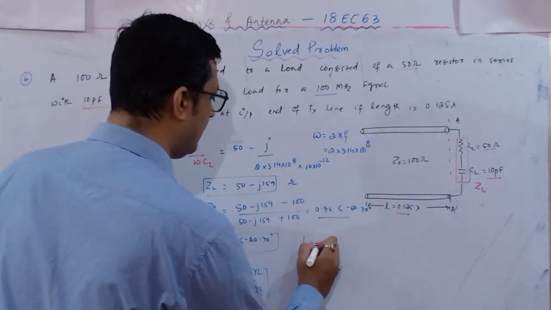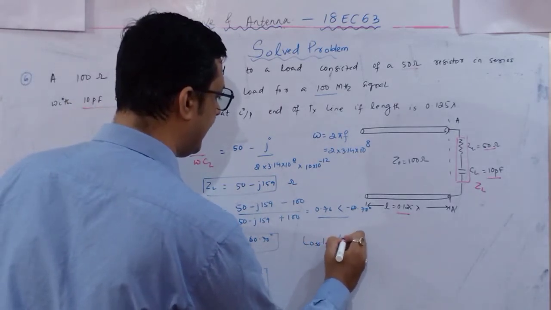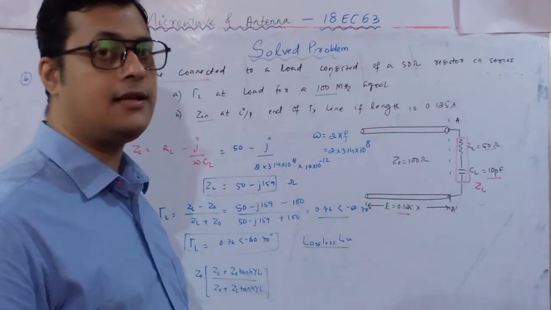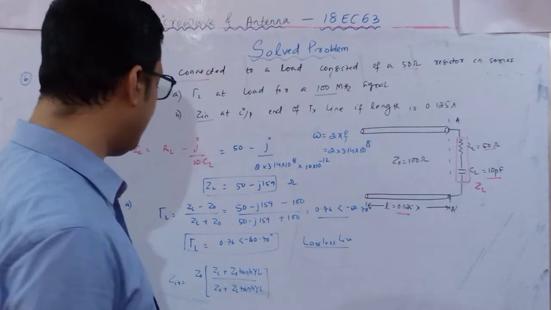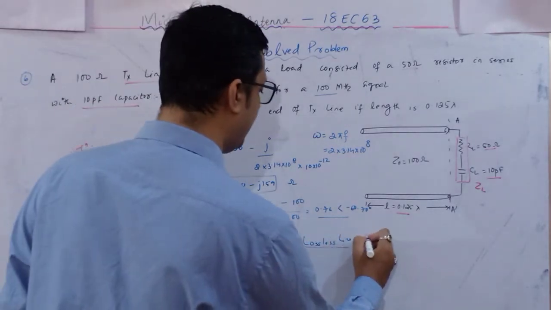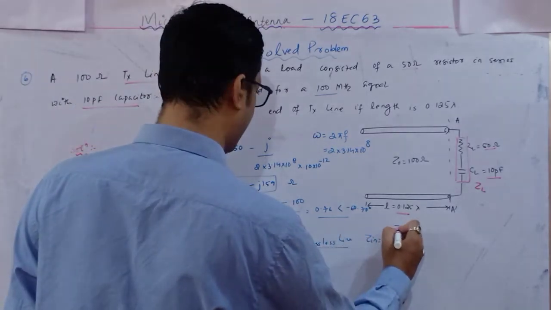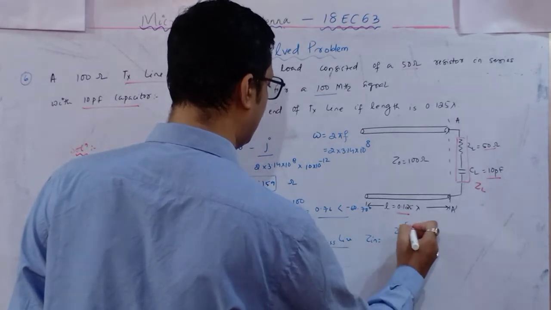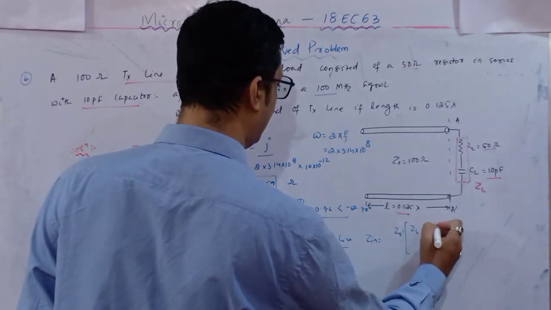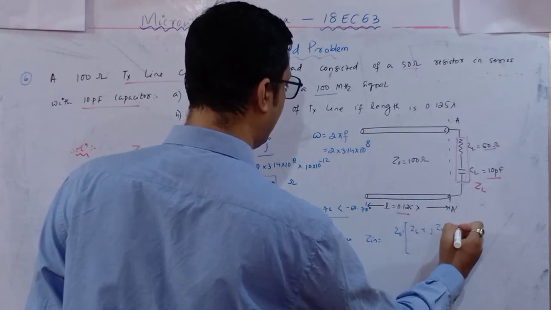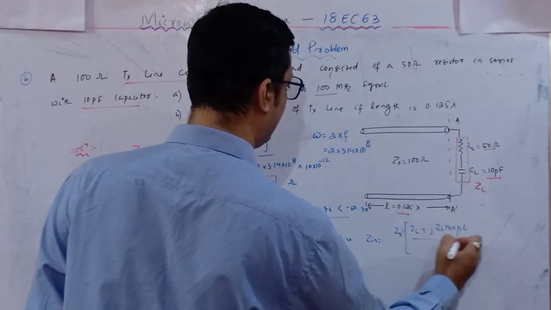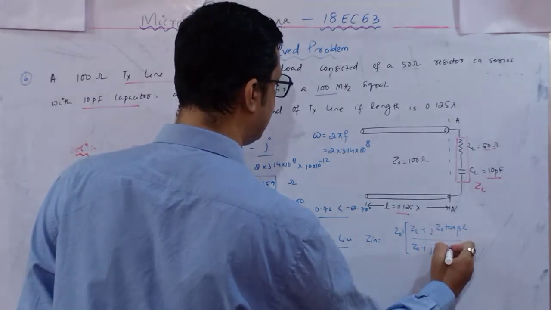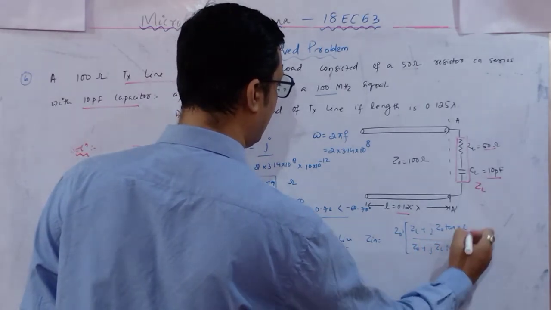If none of the parameters are given, consider that whole line as a lossless line. So my input impedance for a lossless line is Z0 times ZL plus jZ0 tan beta L divided by Z0 plus jZL tan beta L.